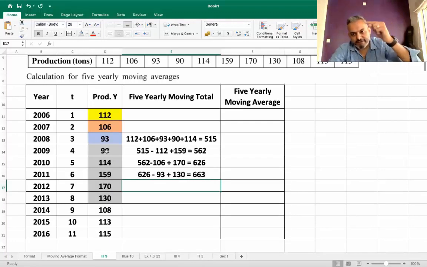Where I have highlighted, keep your finger there and keep track. If you lose track, everything will go wrong. So be careful now.